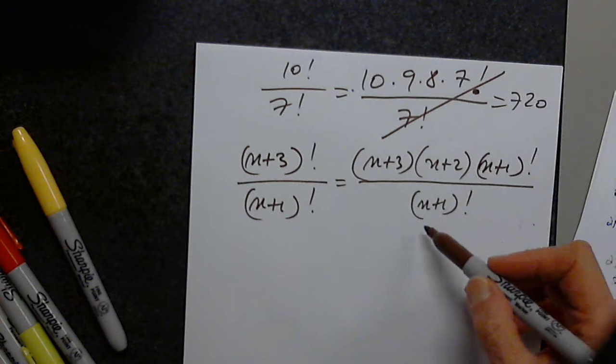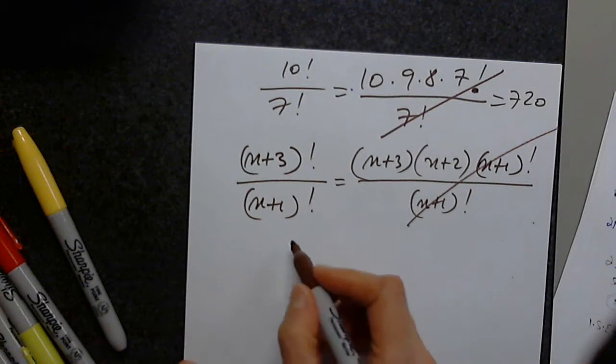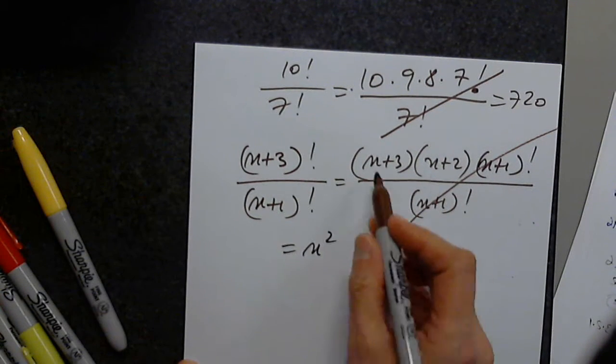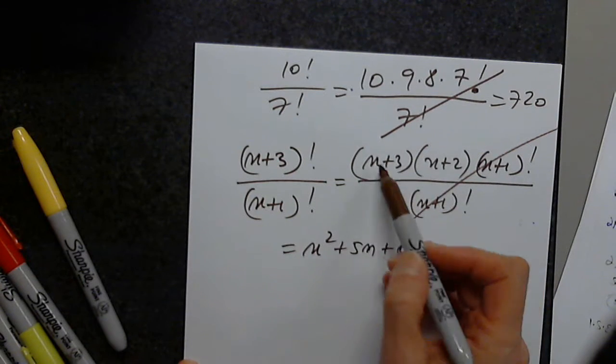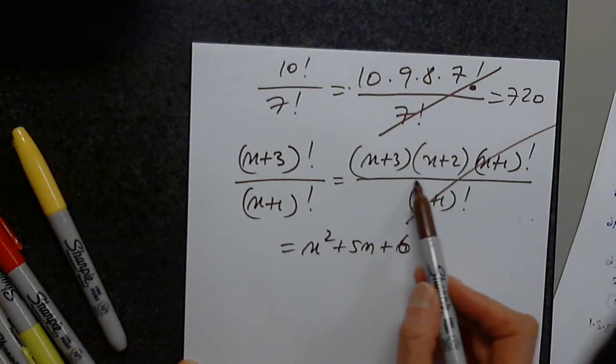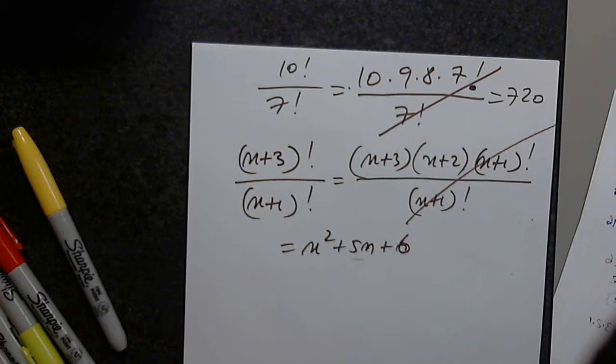Why I stop here is because I can get rid of these, they are the same factors, simplify them. So the simplified form will be n squared plus 5n plus 6. n times n is n squared, 2n plus 3n is 5n, 3 times 2 is 6.